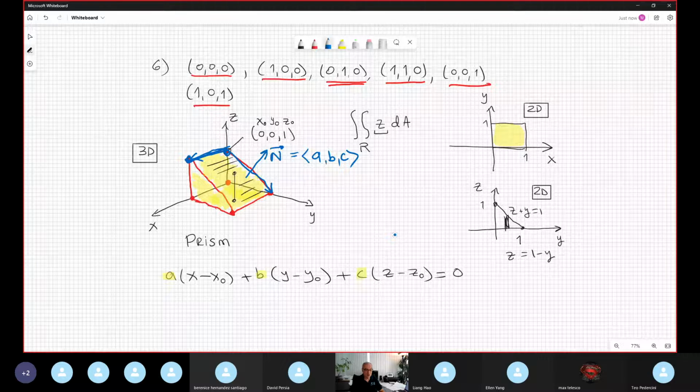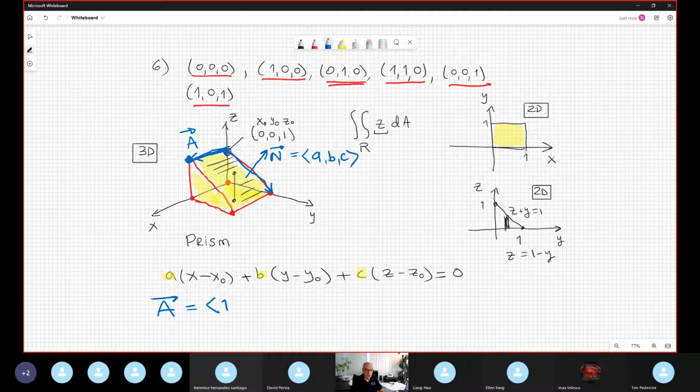So for example, the vector A, let me call this vector A, is 1, 0, 0. This is super easy, right? You know, because the coordinate of that point is 1, 0, 1, no? And you're subtracting the components 1 minus 0, 0 minus 0, 1 minus 1, and you get the vector A.